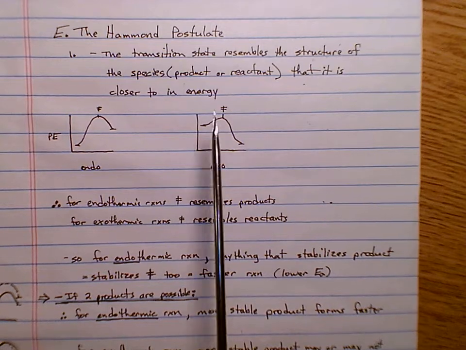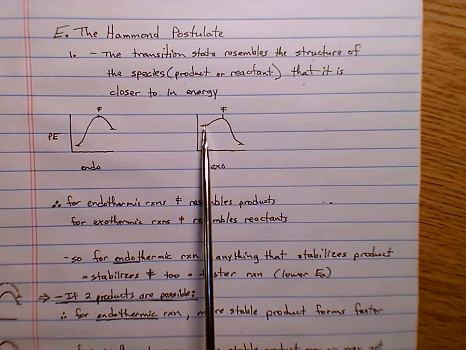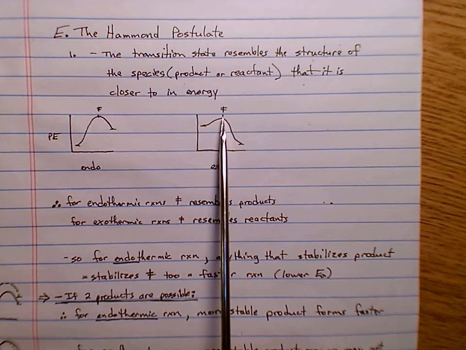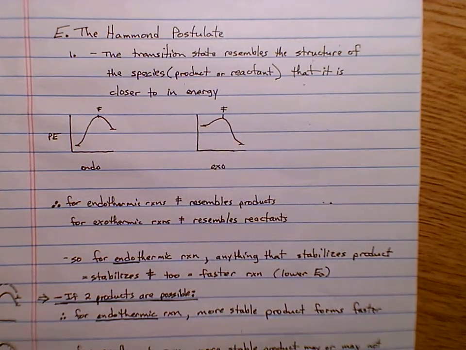For an exothermic reaction, the transition state is much closer in energy to the reactants. Therefore, in an exothermic reaction, the transition state looks more like the reactants than the products.